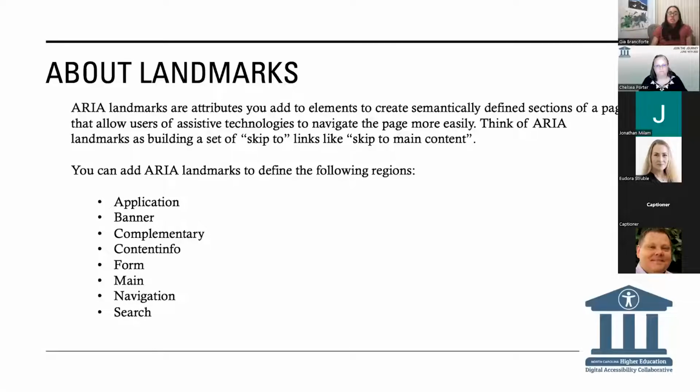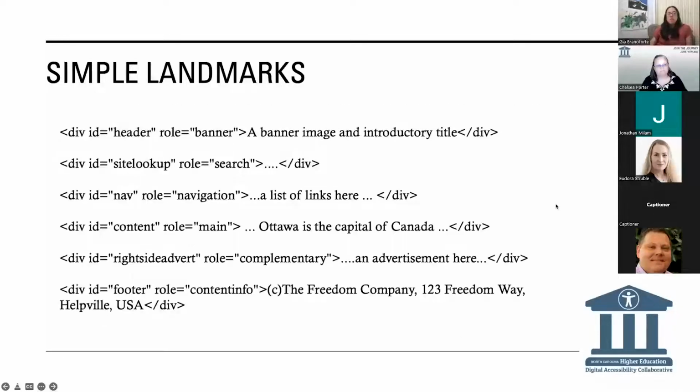There's contentinfo, form, main, navigation, and search. Those are all kind of self-explanatory. These are some examples of simple landmarks, and you can see these are all added by role. So you'd add role banner, role search, role navigation. These are all included as divs, but search also could be an input. So you could add role search to an input element.